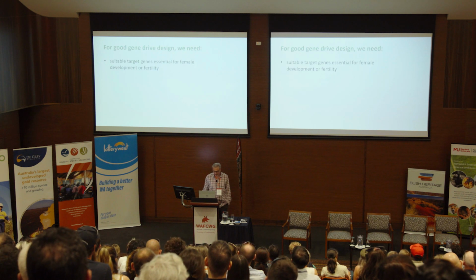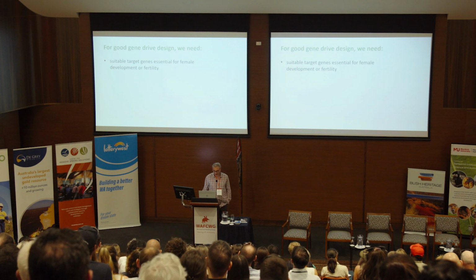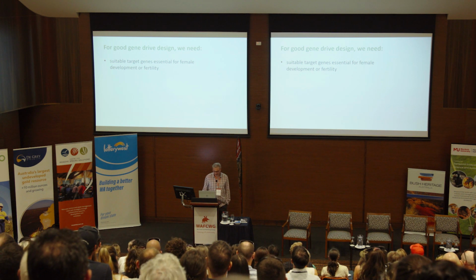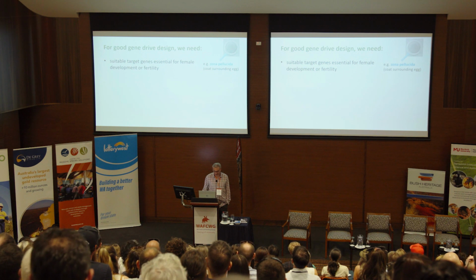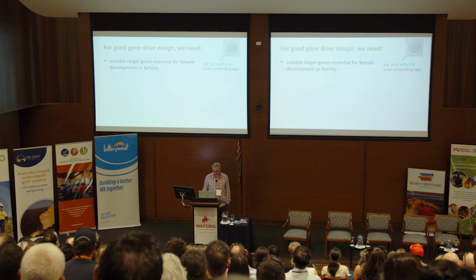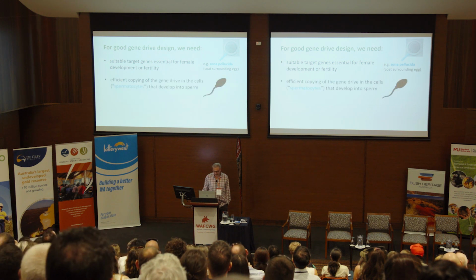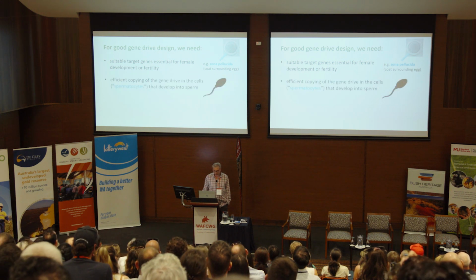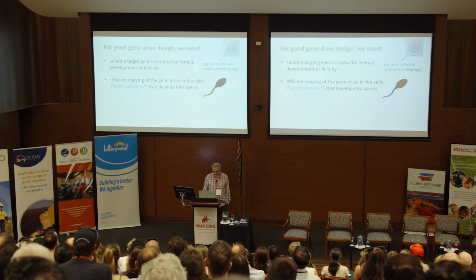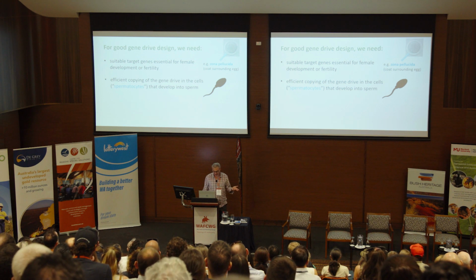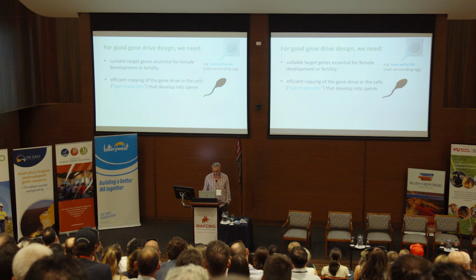For a good GenDrive design, we need suitable target genes for female fertility and development. There are already enough well-characterised candidate genes that we can target for that, for example genes that produce the zona pellucida that Ellen just mentioned in the previous talk. We also need efficient copying of the GenDrive in the spermatocytes that form sperm.